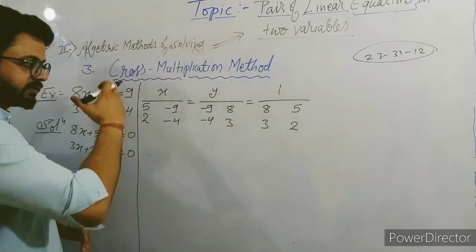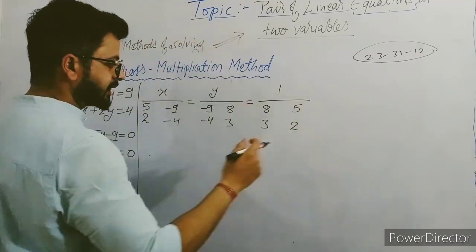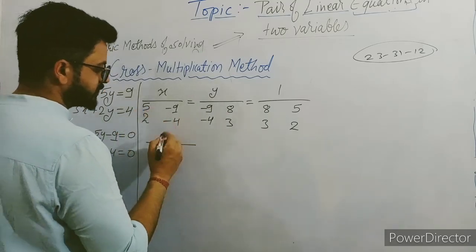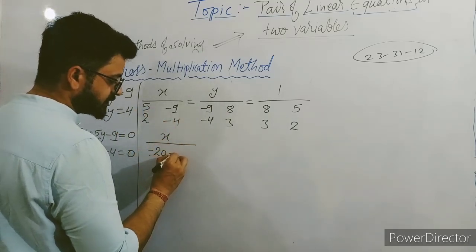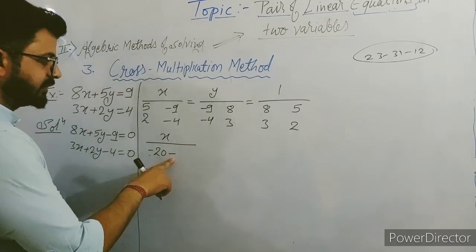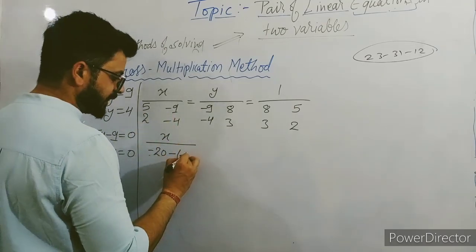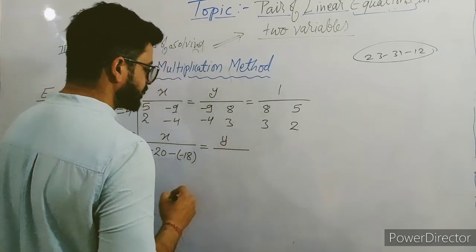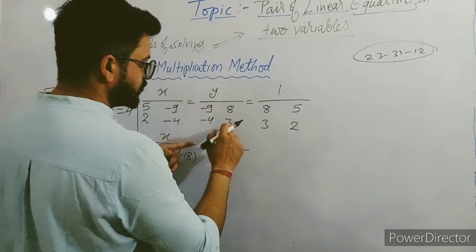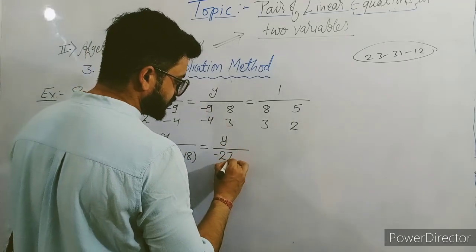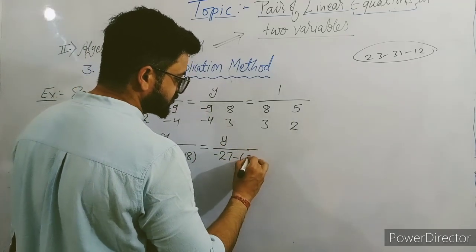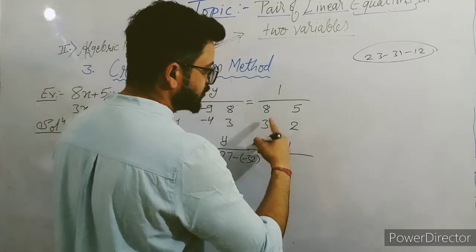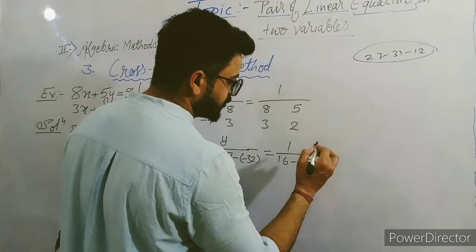Now the cross multiplication, first we will multiply this diagonal. Okay, this 5 4s are 20, so minus 20, and this minus sign is of the formula's minus sign. Now according to this minus 18 is coming, is equal to y is equal to now minus 27, formula's minus 32, 8 4s are 32, is equal to 1 upon 16 minus 15.